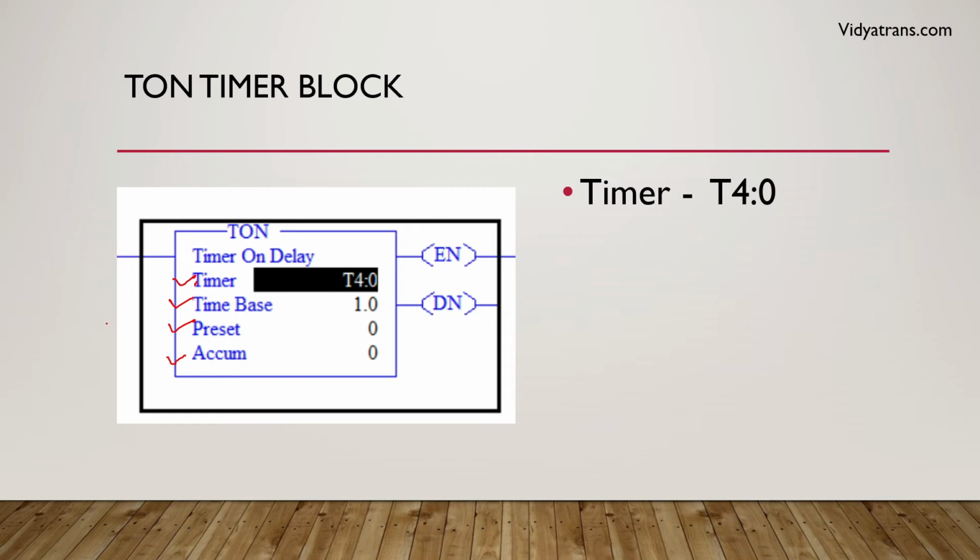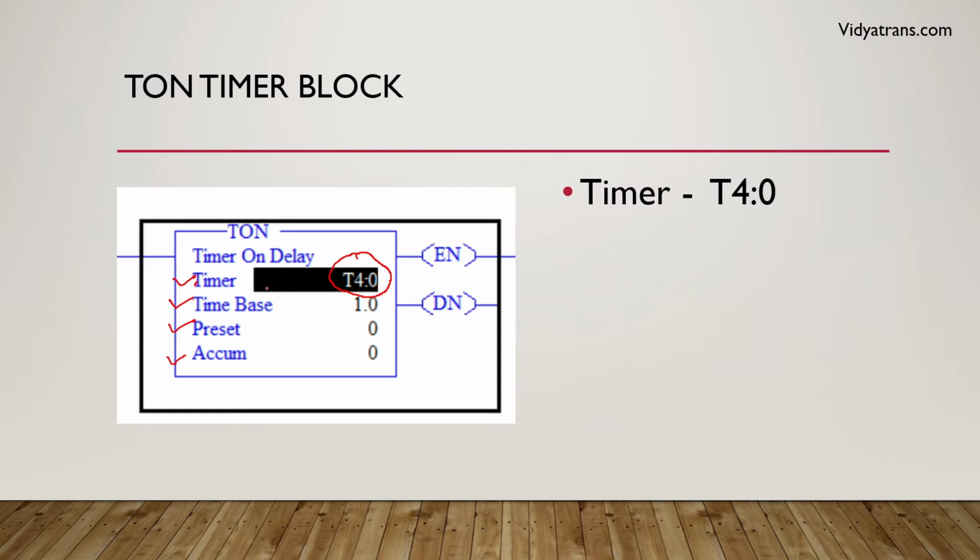Now let me talk about this timer address first. This is the address of the timer. Everyone has their address. Suppose your name is unique, and your name is basically your address. So every timer has its address.